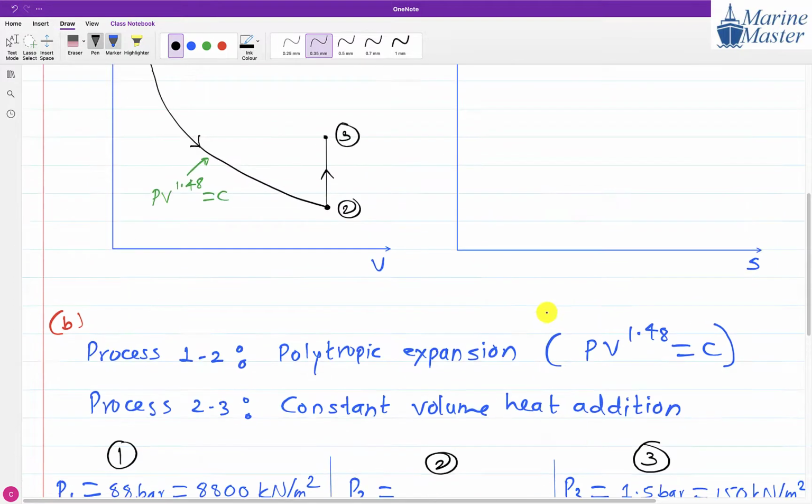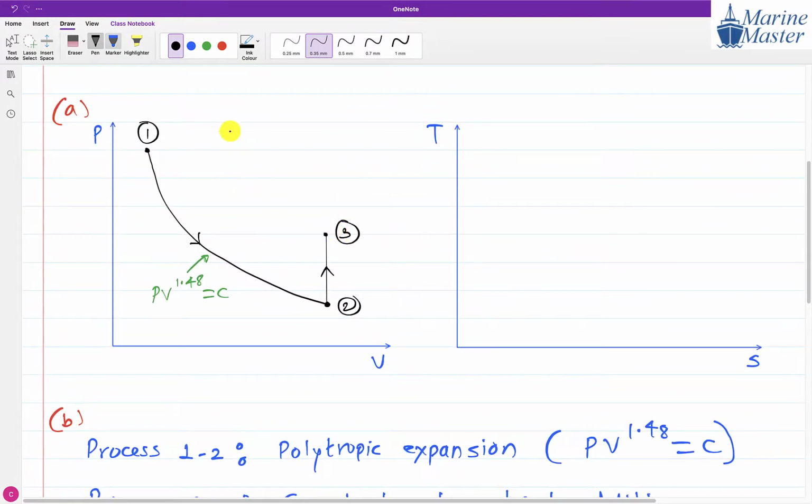So 1.5 bar is less than 88 bar. If you draw a dotted line from here, this point's pressure is 88 bar, and point 3 must be below point 1. Are you getting my point?